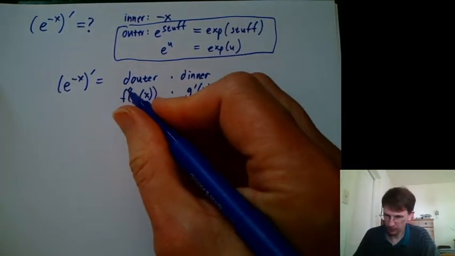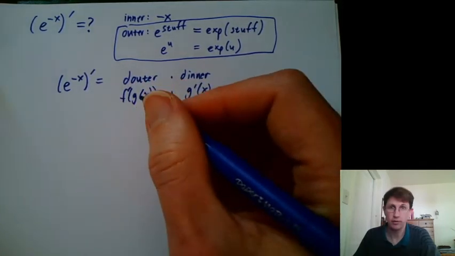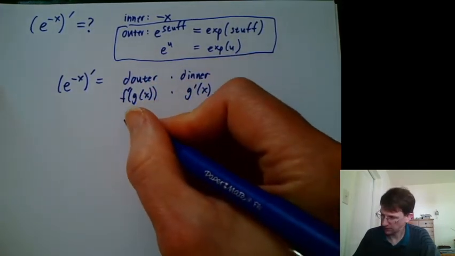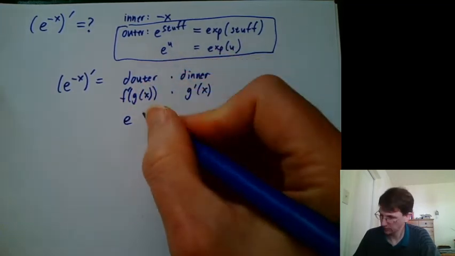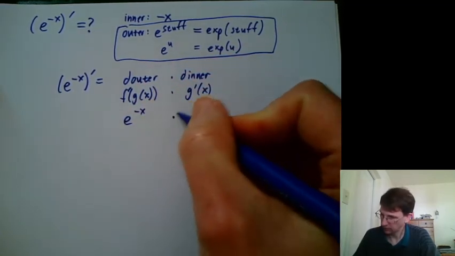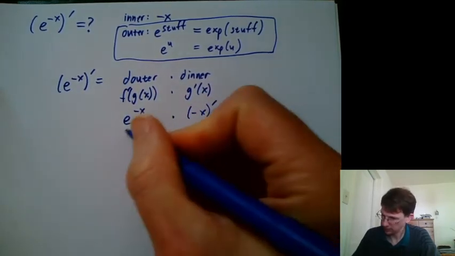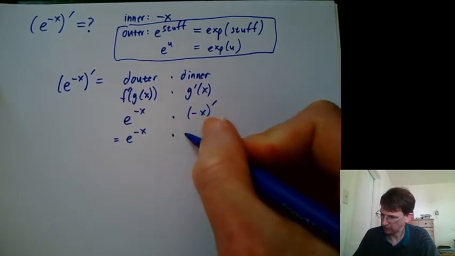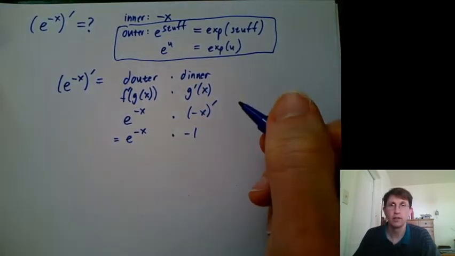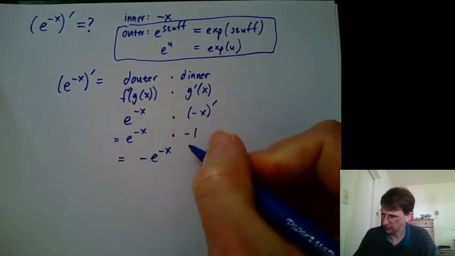So what's the derivative of e to the stuff? It's e to the stuff, and what is the stuff? It's negative x. And then what's the derivative of negative x? Well, we're getting e to the negative x times, that derivative is negative 1. So we could even collapse this to negative e to the negative x.